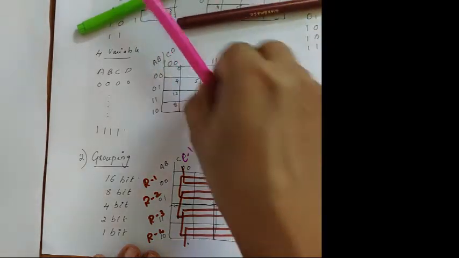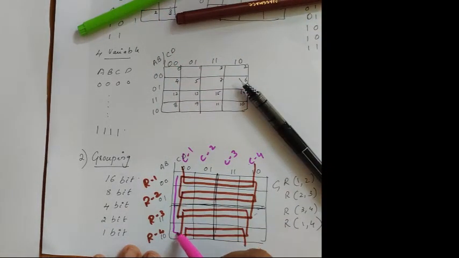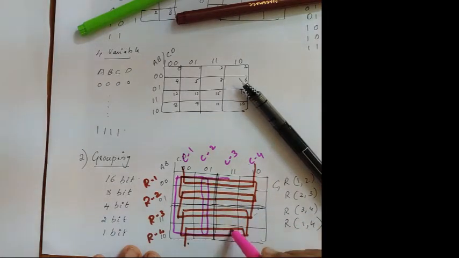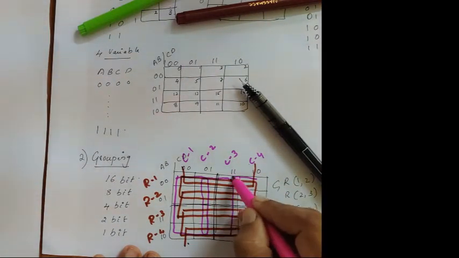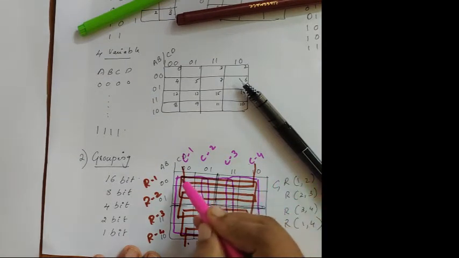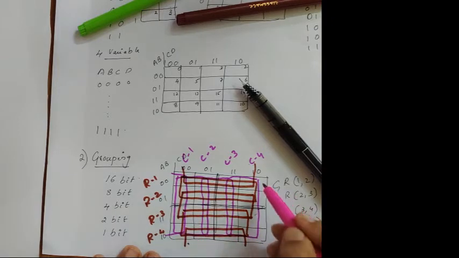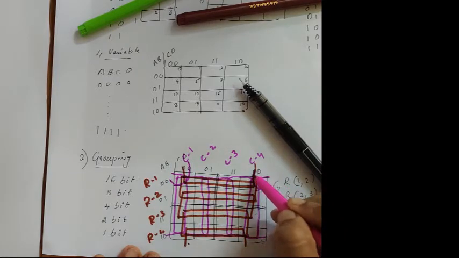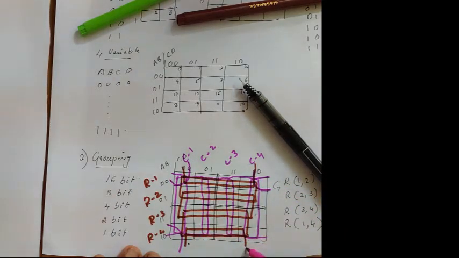Okay. Next, column-wise, you can group column 1 and 2, column 2 and 3, 3 and 4, and lastly you can group column 1 and 4. Moreover, you can also group adjacent sides. If you have 4 sides where your data is 1, you can group the 4 sides also.